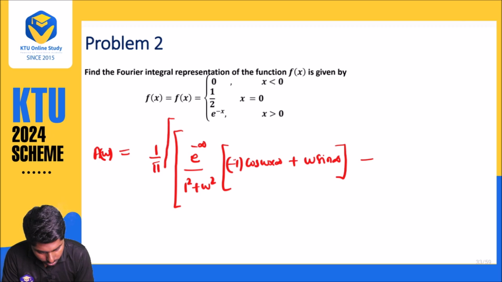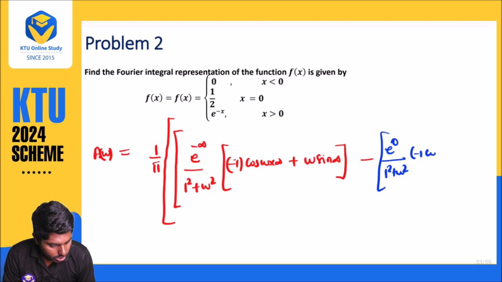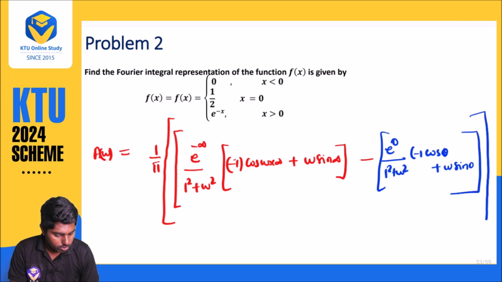The lower limit is 0: e power of 0 divided by 1 square plus omega square into minus 1 cos 0 plus omega sin 0. You want to write the brackets very carefully.